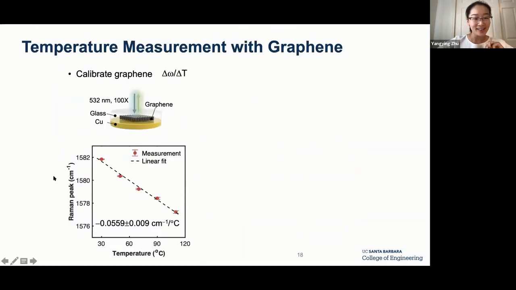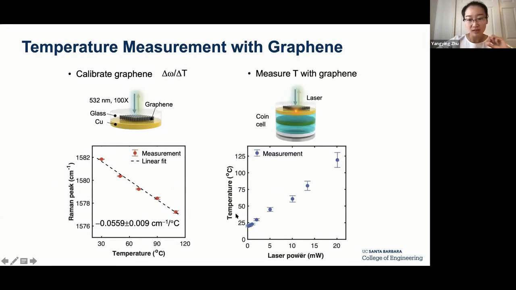Just really quickly, as I mentioned, the Raman shift of a lot of materials is temperature dependent. So we can calibrate this temperature coefficient, the slope of the Raman peak versus temperature. You can then use this information to measure temperature for different laser powers as we increase the heating power.